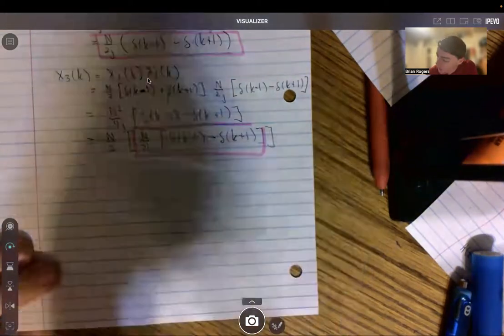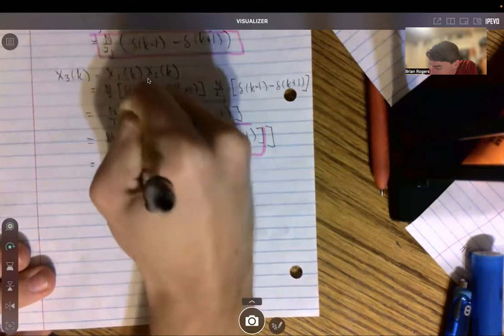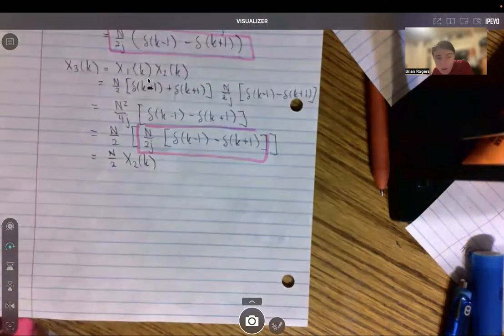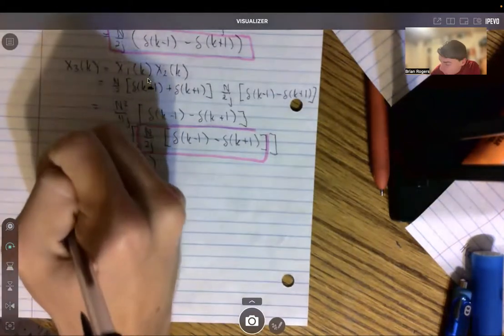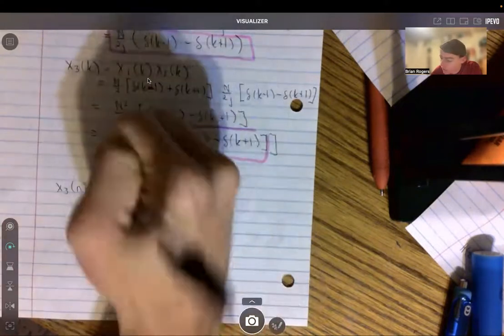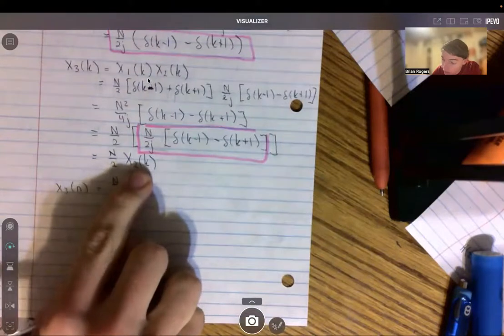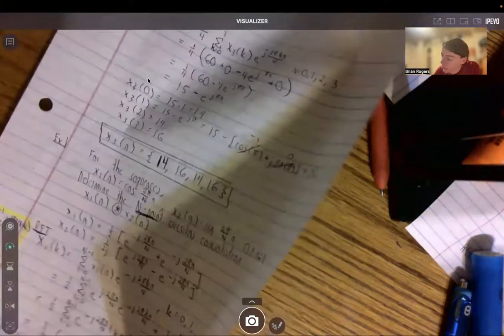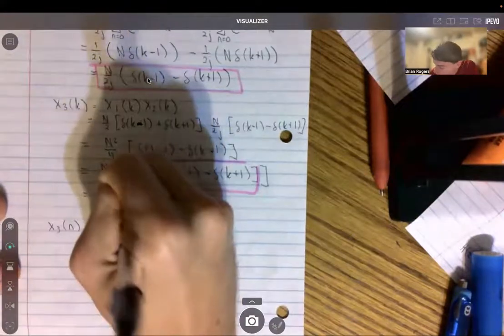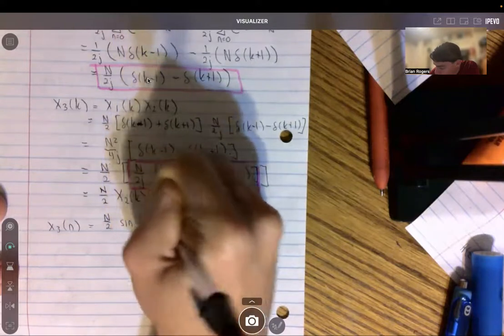And so you can write N over 2 times X2 of k as your result of that convolution. And when you have to do now your x3 of n, remember, N is just a constant. So it's going to be N over 2. And then we know what x2 of n was in the beginning. x2 of n was given to us. So it's just going to be sine, and then this would be 2 pi over N times n.